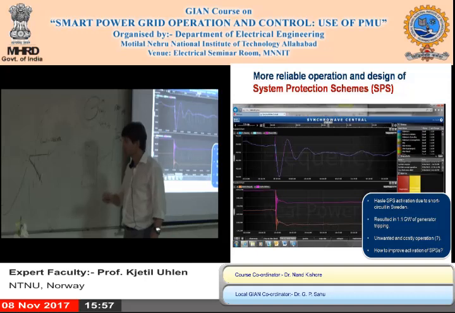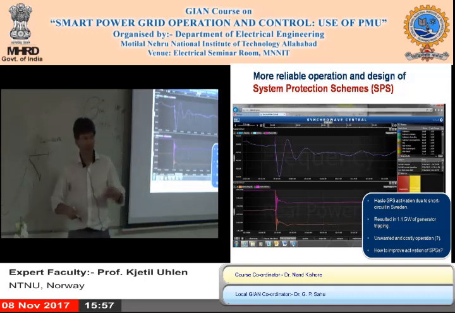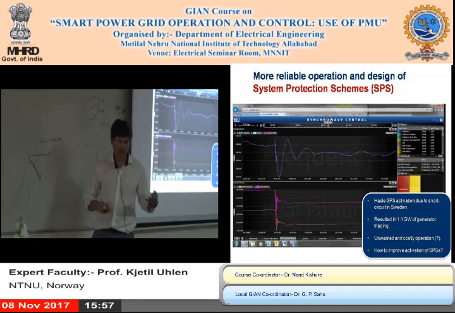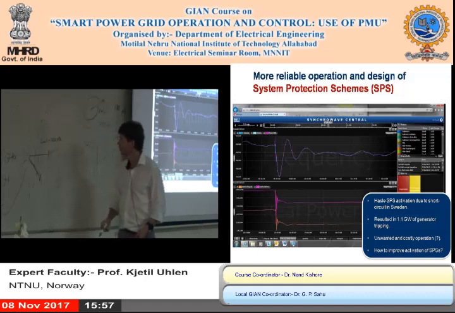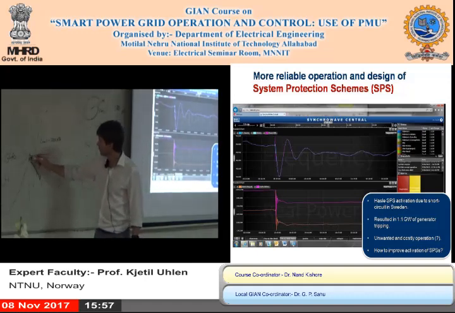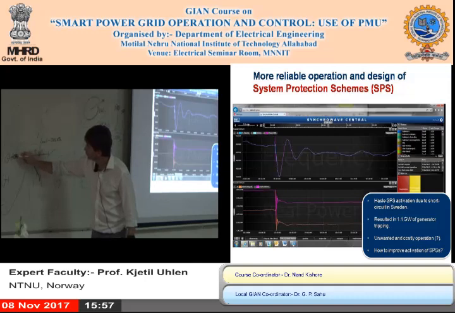So what is done is that you have what they call a system protection scheme, where you have generators here. You have generators here, of course. And if you have a sudden outage of one of these lines, then you send a signal to trip this generator.